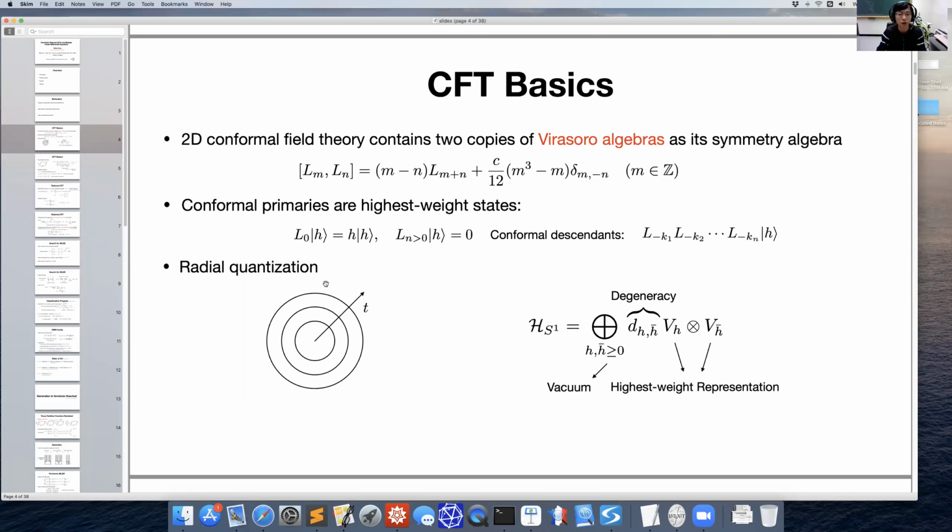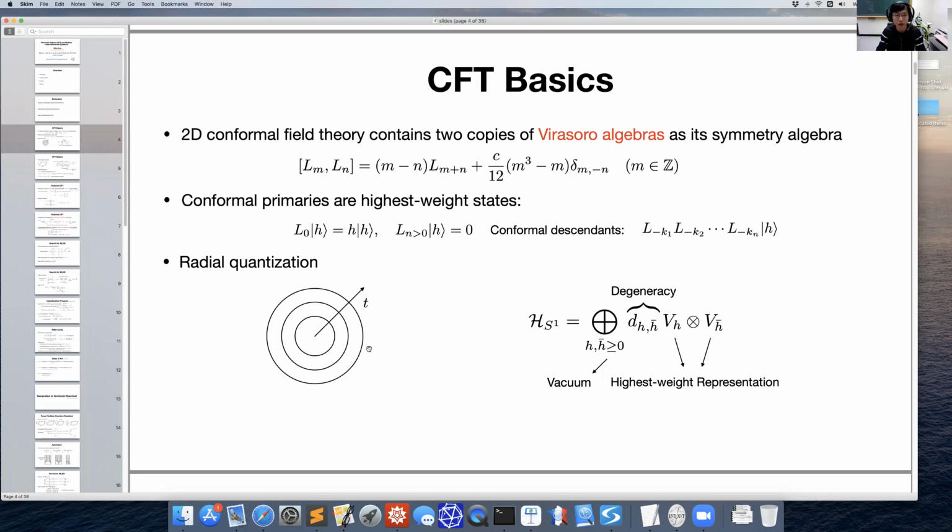And also, if we consider the radial quantization of our complex plane, where the radial direction is time and the space direction is the S1, what I just talked about can be translated into the following language. The Hilbert space living on this S1 can be decomposed in terms of highest weight representations of those states, where since we have two copies, we have both the holomorphic part and the anti-holomorphic part, with the number D denoting degeneracy.